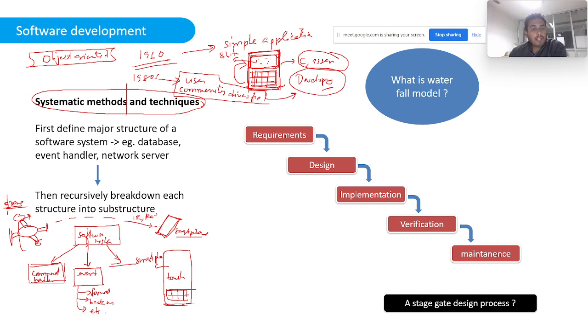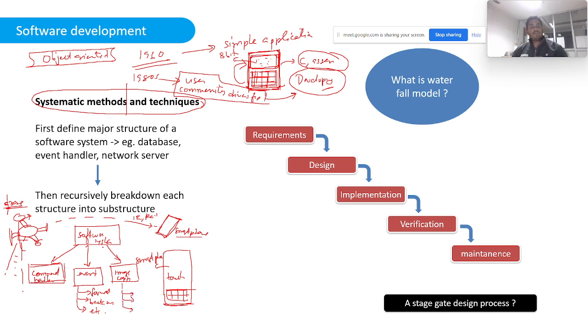Similarly, there can be other things, like if your drone has some capability of capturing images, probably you want to control those image capturing features from your smartphone. So image capture. Then you again have some subsystems.